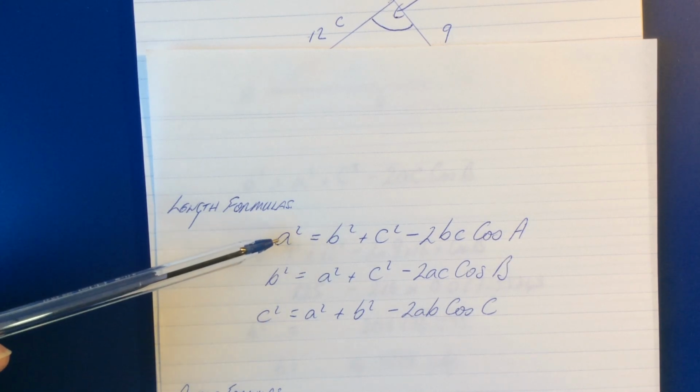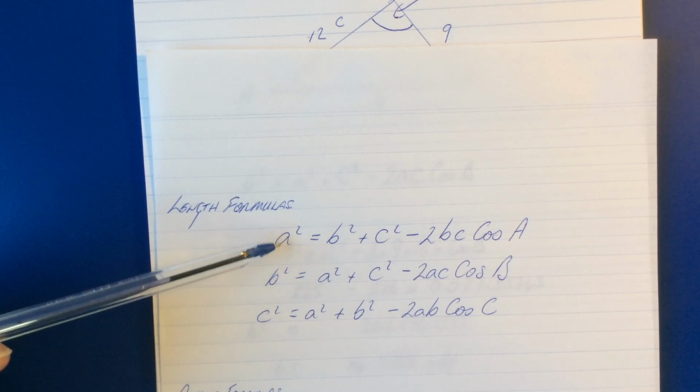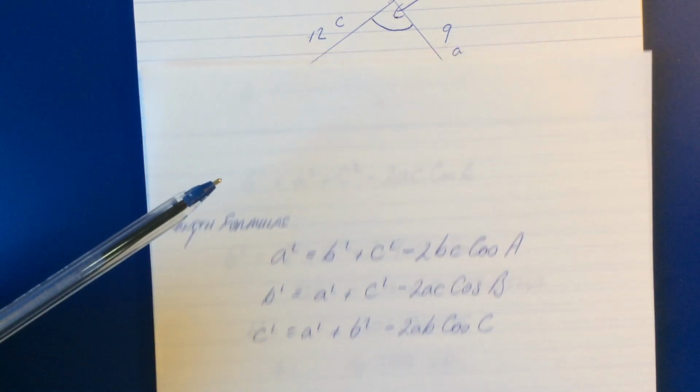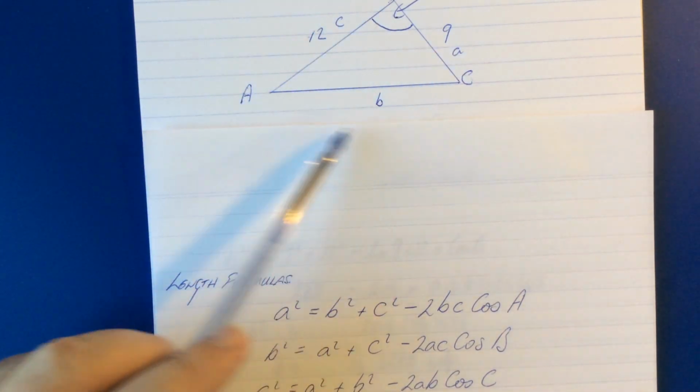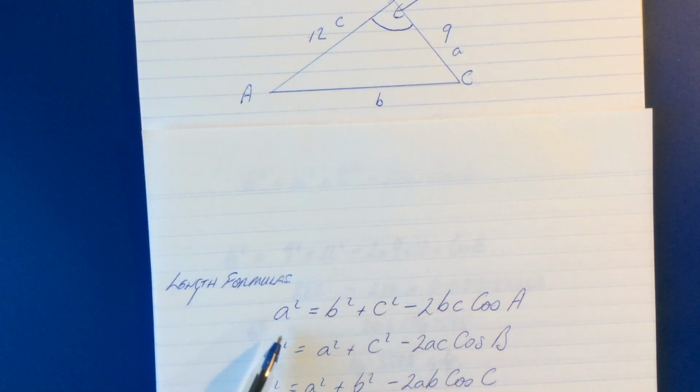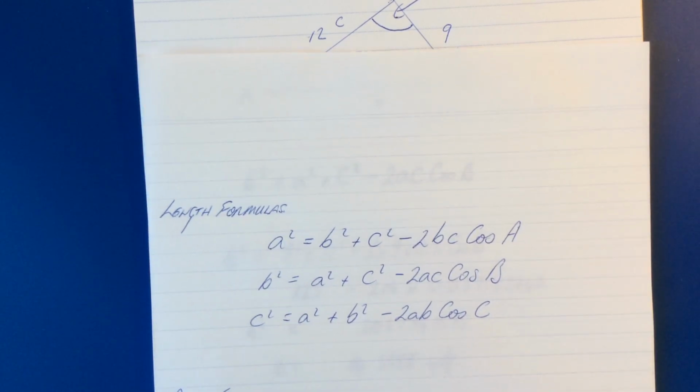When I was at school, to avoid having to remember all three, I'd remember this one and then just rotate the letters on my triangle until they coincided with this formula. But those days are gone. A, B, or C, whichever line length you're looking for, the formula is here.